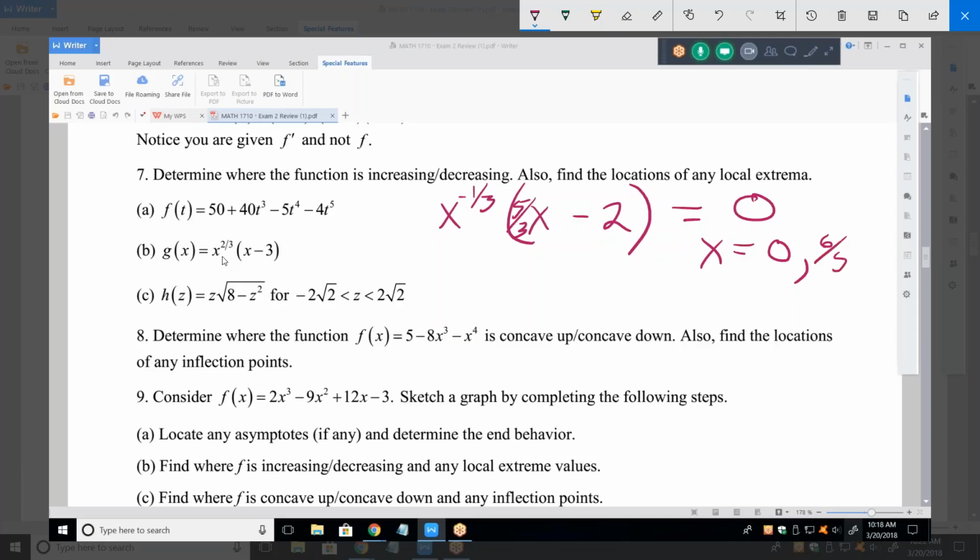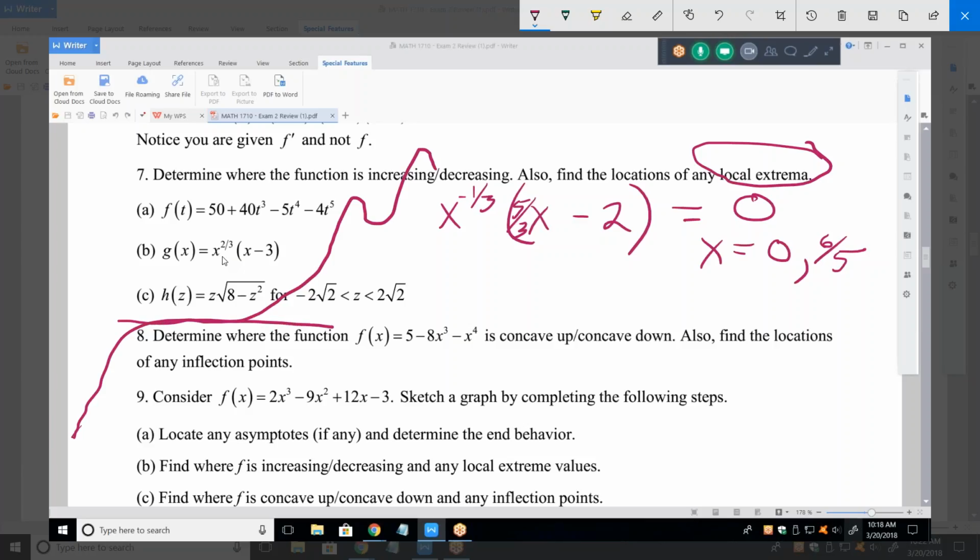So there are the only possibilities where I can have a local extrema. Because remember what local extrema means: the slope of the tangent line is 0. It doesn't have to be an extrema. You could have a situation like this. Well, I got 3 places on that where the tangent line is 0.